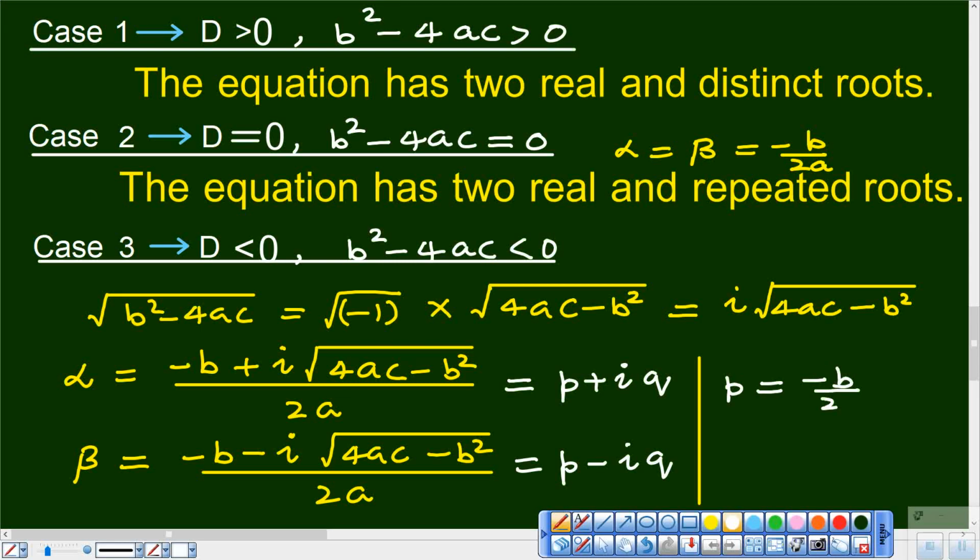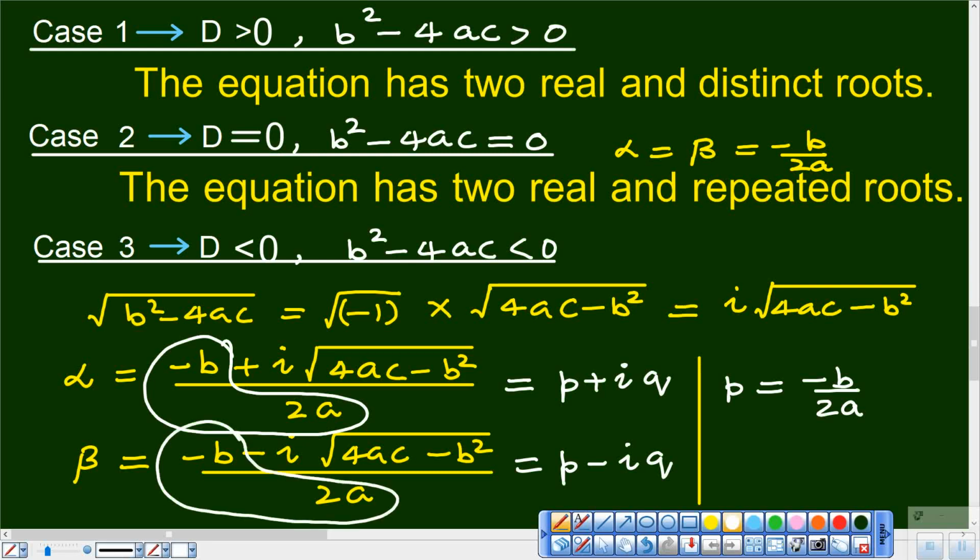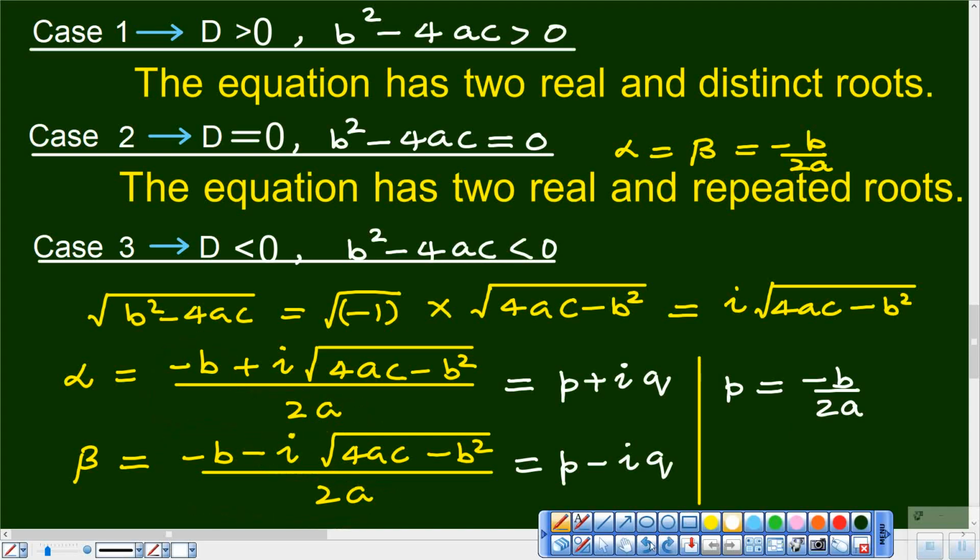Can you confirm that? That is, the real part of this complex number is going to be this, both in this and in this also. That's why it is minus b upon 2a, and of course q is going to be the imaginary part, which is this in both the cases after all.